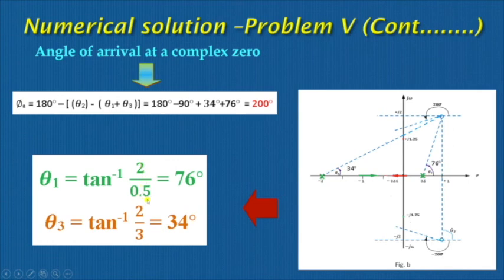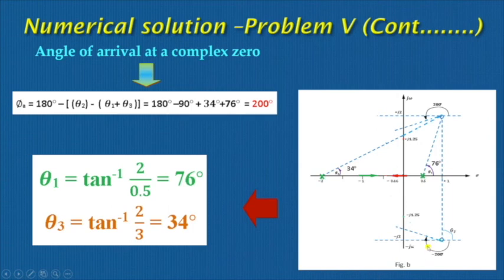So 2 by 0.5, and this angle is 76 degrees. And then calculate theta 3. Theta 3 is tan inverse of y by x, where y is 2 and x is 1, 2, 3. That means tan inverse 2 by 3. So this angle is 34 degrees.